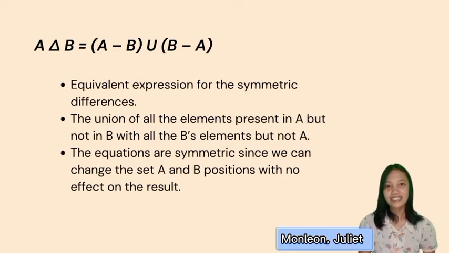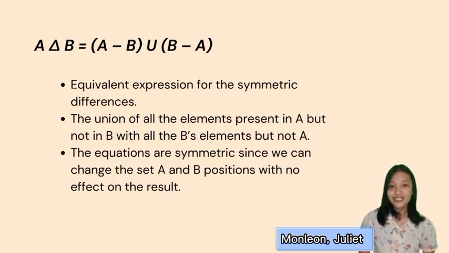It is read as the symmetric difference of A with respect to B is equal to A minus B union B minus A. Meaning, it is an equivalent expression for the symmetric difference, since it is stated in this presentation that it is the union of all the elements present in A but not in B with all the B elements but not also in A. So the equation above is said to be symmetric since we can change the positions of sets A and B with no effect on its results.